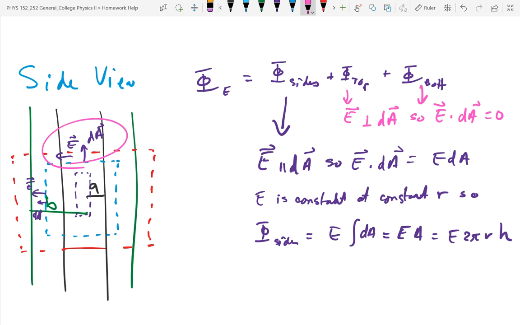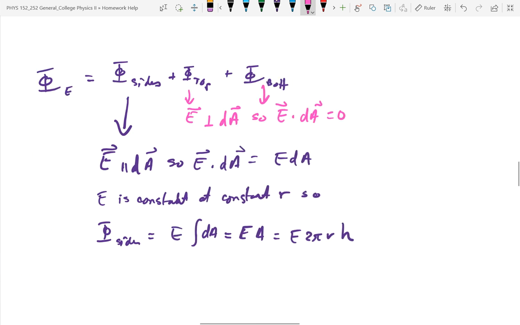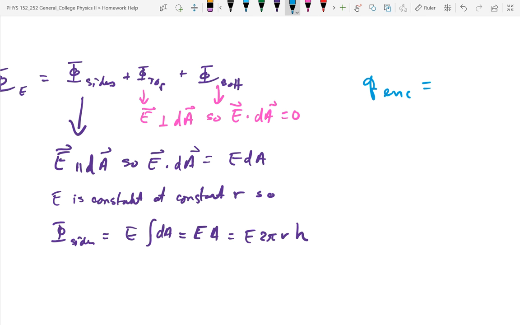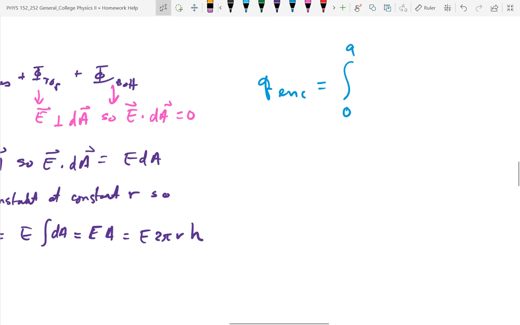So I've got the flux taken care of, then I have to do the charge enclosed. You can do this multiple ways. I'll write the integral from 0 to A of 0 dV, plus the integral from 0 to B of rho dV, plus the integral from B to whatever I am at of 0 dV.